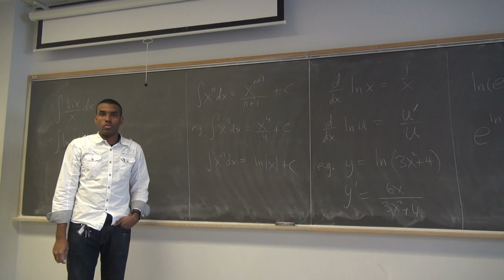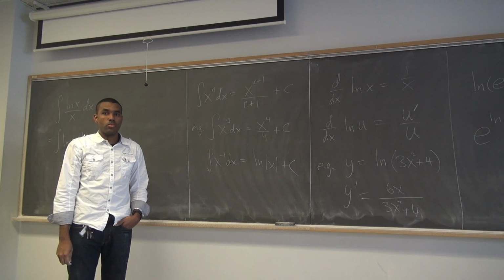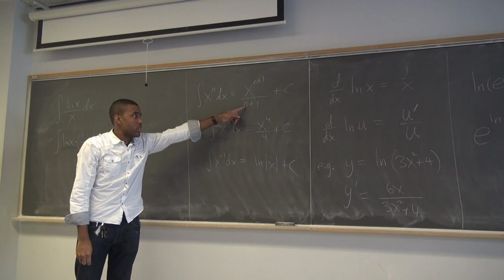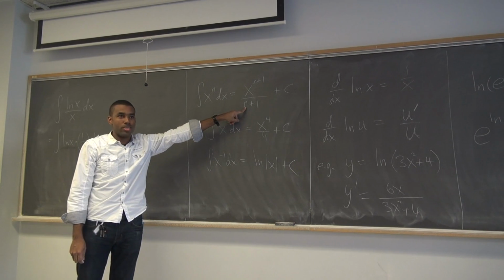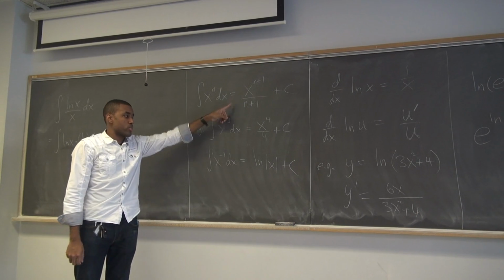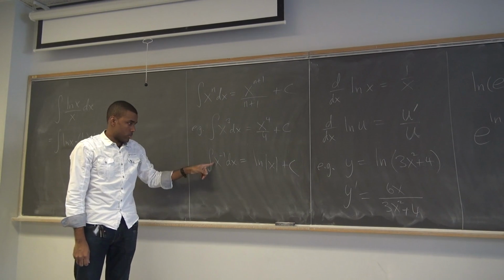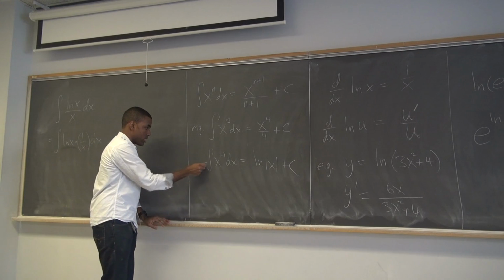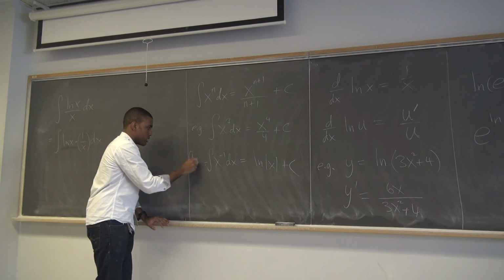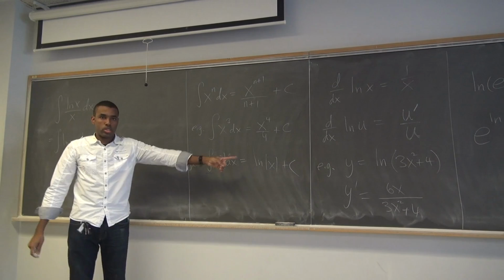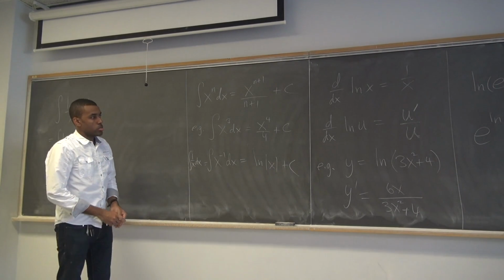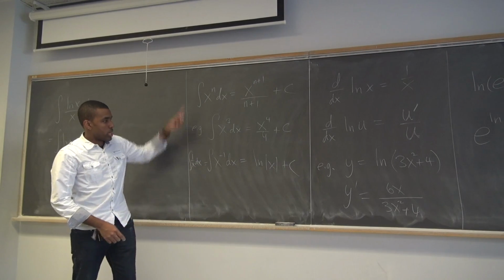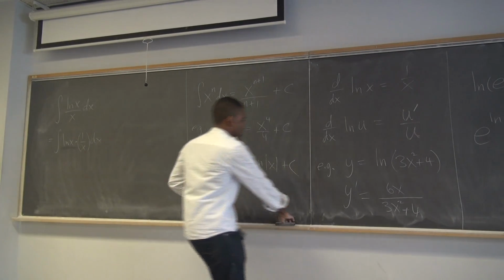Because it'd be undefined. If n is minus 1, the bottom is 0. Never divide by 0, right? So this rule does not apply here. To integrate 1 over x, this gives you the natural log with the x in absolute value. So that's 2 rules that we remember.